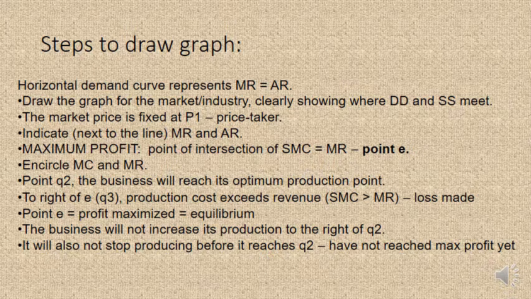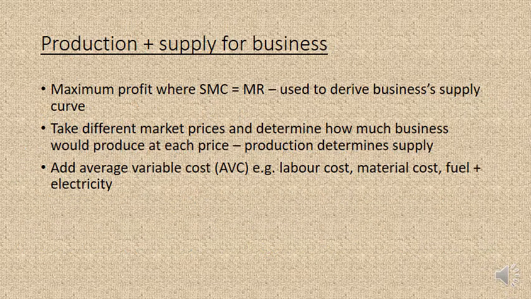Then also another thing you have to look at today is they often ask you in paragraph questions to explain or to illustrate the supply curve of an individual business. So obviously how much they produce determines the supply for each individual business.